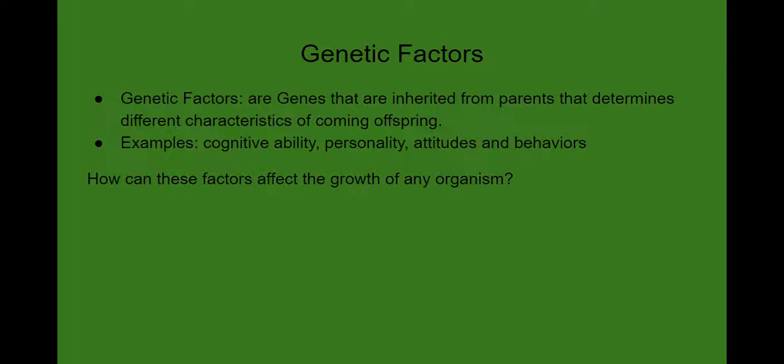These are just different things and how you can be affected in your growth. Also in your behavior, if you decide to eat things or drink things that are not promoting good health, it can cause your body to slow down. It can affect your metabolism, okay? This is how genetic factors can affect your growth.